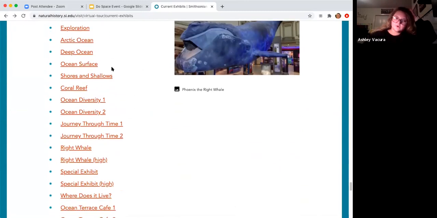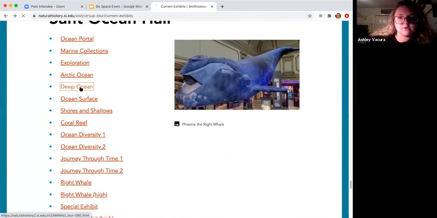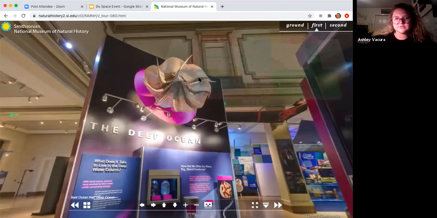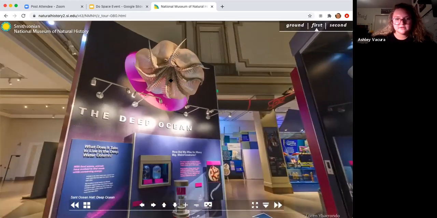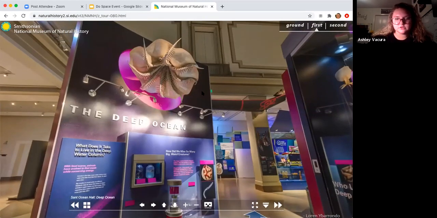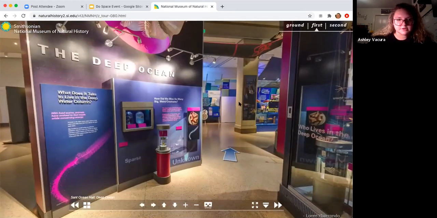And then there's also some animals that are found in the ocean that are in this museum. This looks very similar to what you might have seen when we went on the site. So the deep ocean. This looks kind of like a jellyfish, almost, just a little bit bigger.